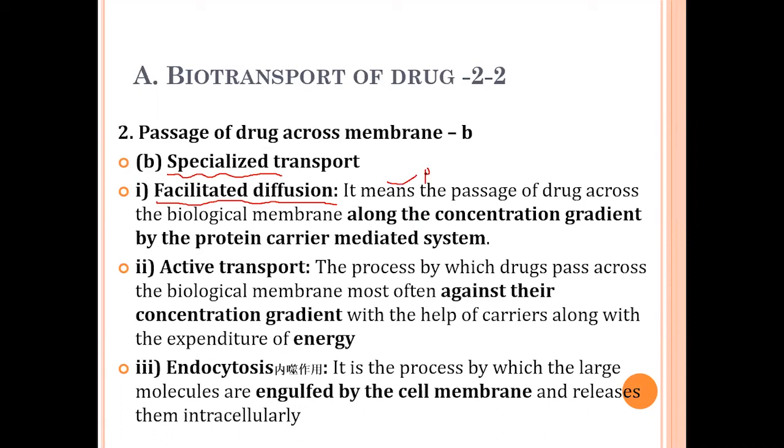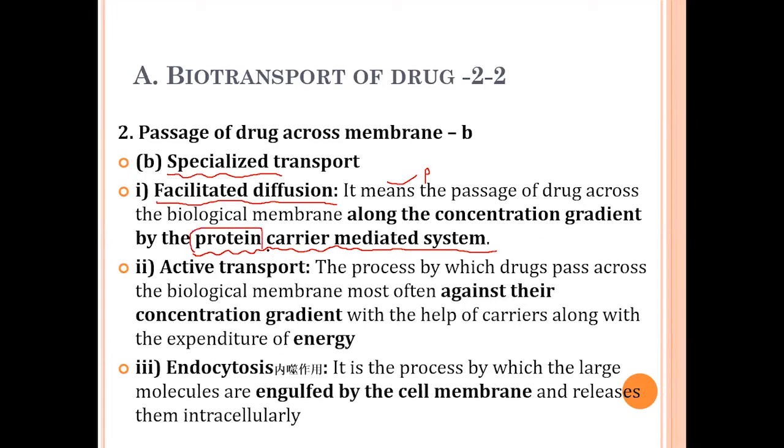But we put it here as a specialized kind of transmission way because it needs protein channels or protein to carry it through. Even though they do not necessarily use energy, so they still belong to the passive way, they need protein to help.